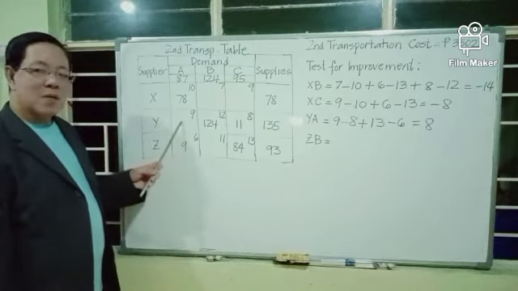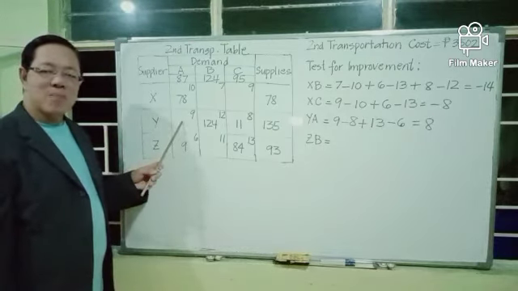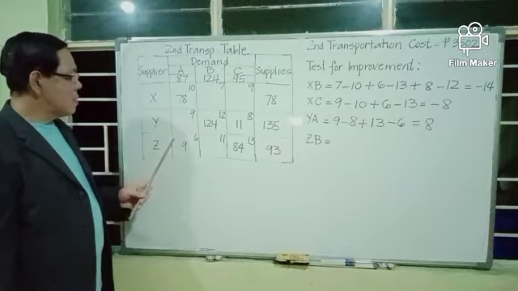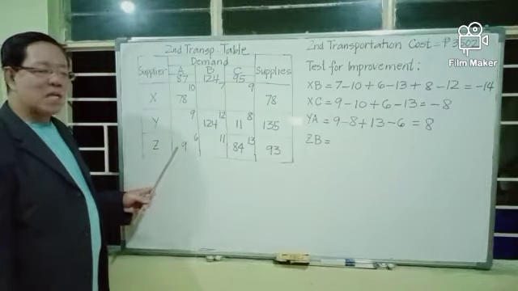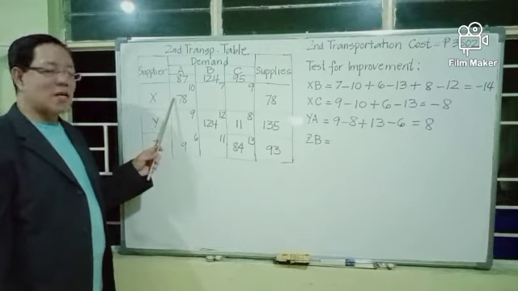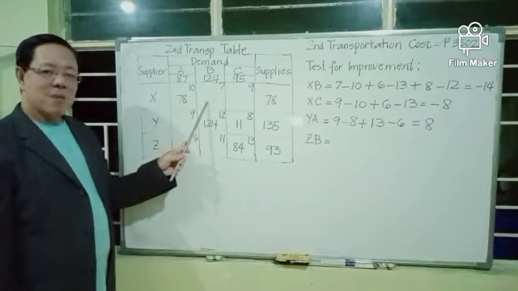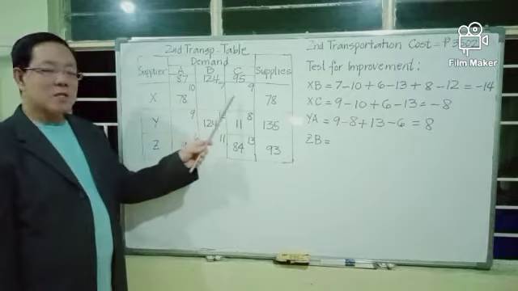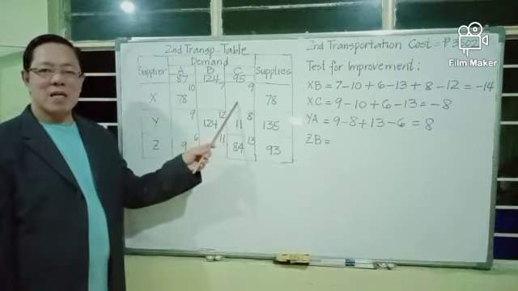If you move up to here, you cannot do that because it's vacant. So from 9, you move vertically upward up to 78. But the next move is horizontal. To the right, it's vacant. From 78, straight to this cell, it's still vacant.